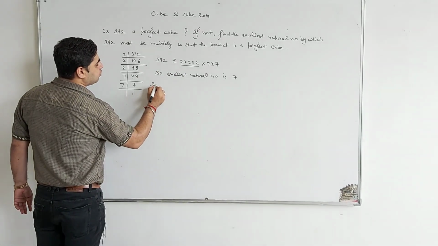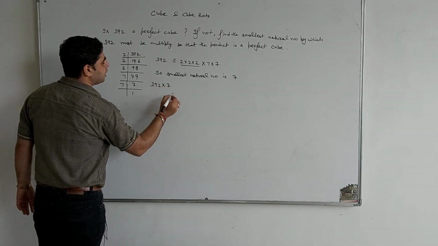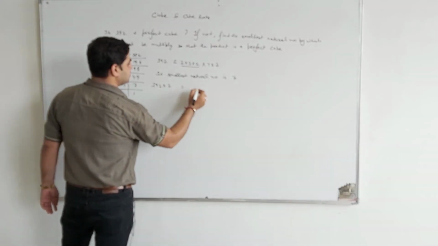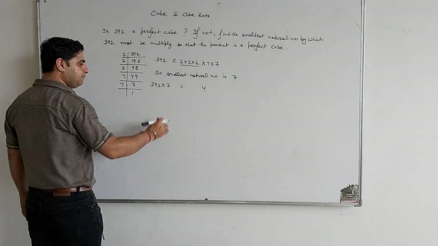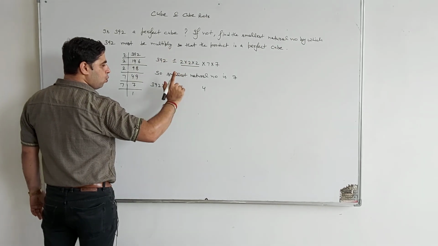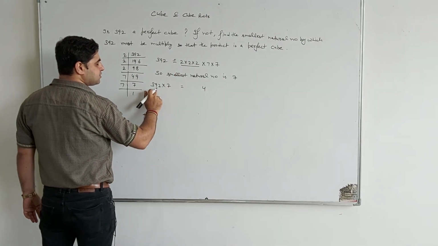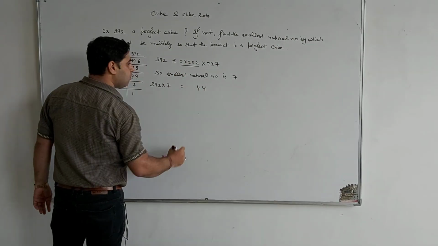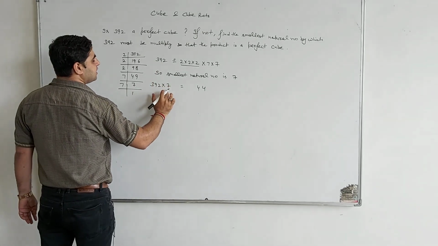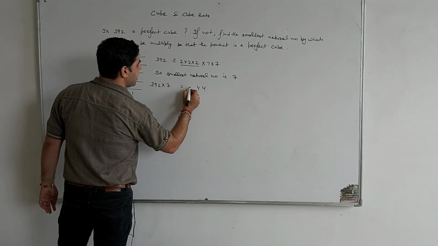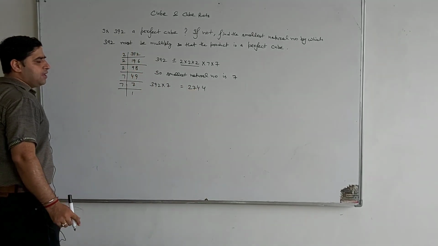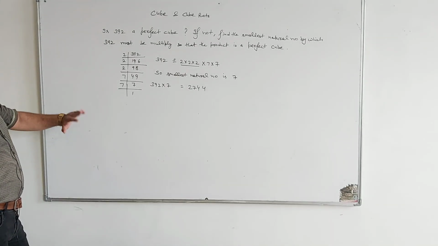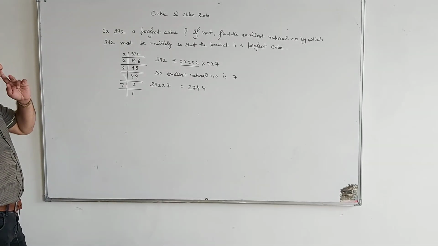So here 392 multiplied by 7 gives 2744. In the next exercise they may ask you to find the cube root of this number.